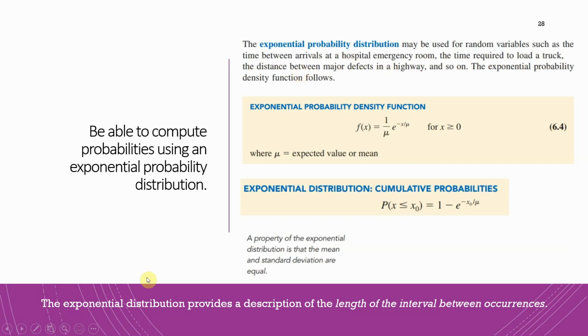So basically what it comes down to is the exponential distribution provides a description of the length of the interval between occurrences. So basically we're looking at the length of something, whether that's in time or whether that's in distance. We're interested in the length of that interval.